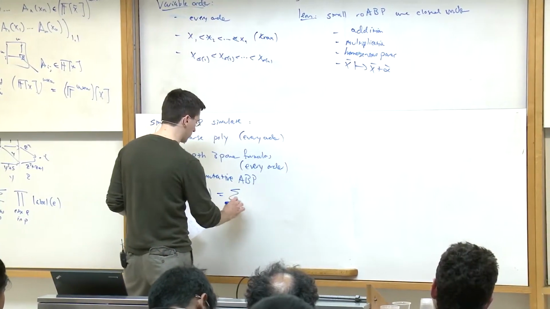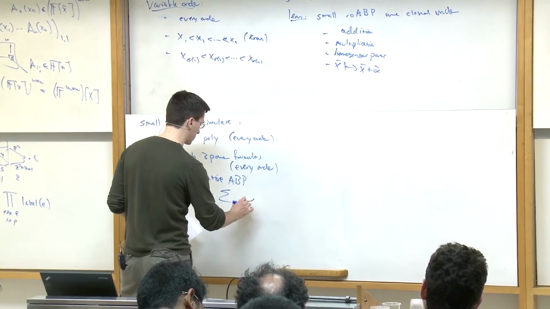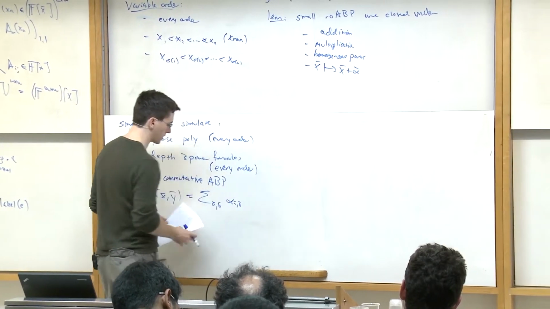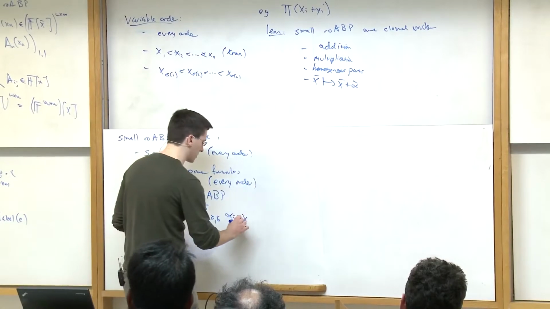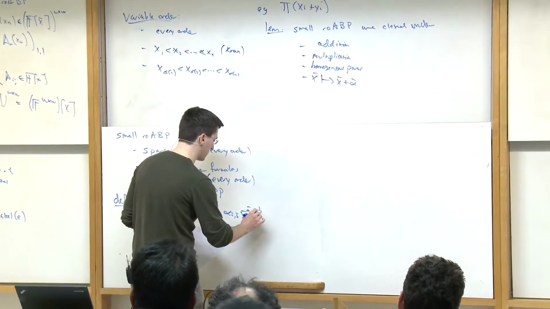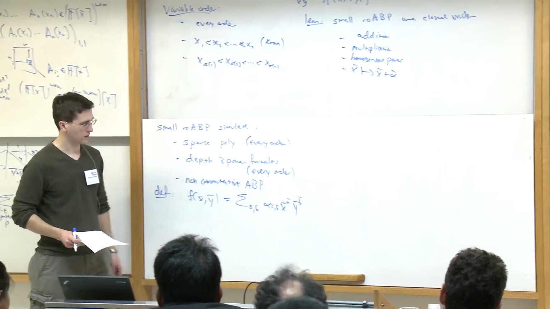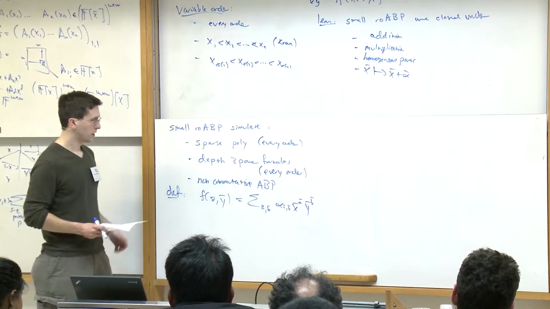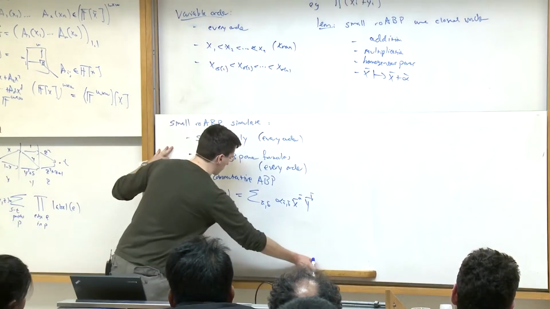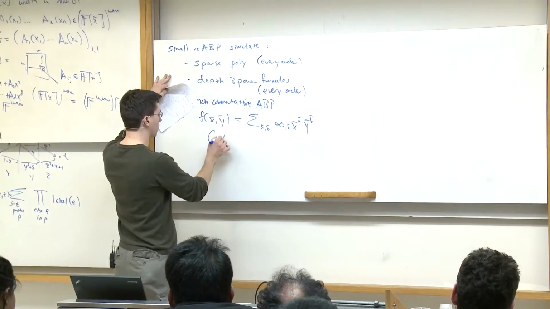So how do we write this out? Keeping with my notation, we're going to sum over a and b, where a is the exponent vector of x and b is the exponent vector of y, and then I'm going to have some coefficient alpha_ab.